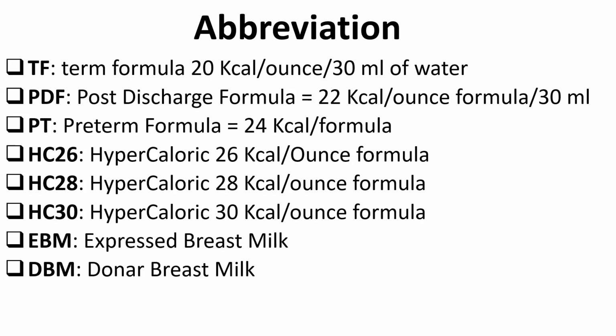Because it's not actually 30 ml, it's actually 29.6. The ounce is usually 29.6, but for simplicity, they call it 30. So you will find the content of the milk will be 74 or 73. Okay?